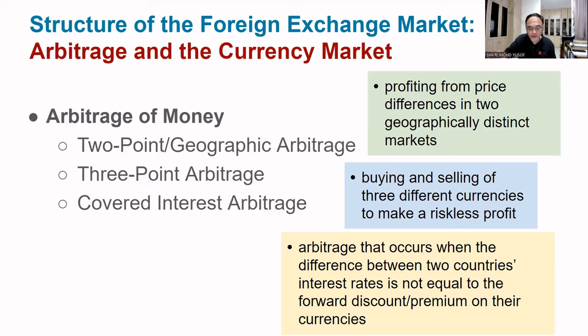So this 2-point, geographic arbitrage resulted in transforming that $1.80 into $2 at no risk. That's a 20 cent gain.